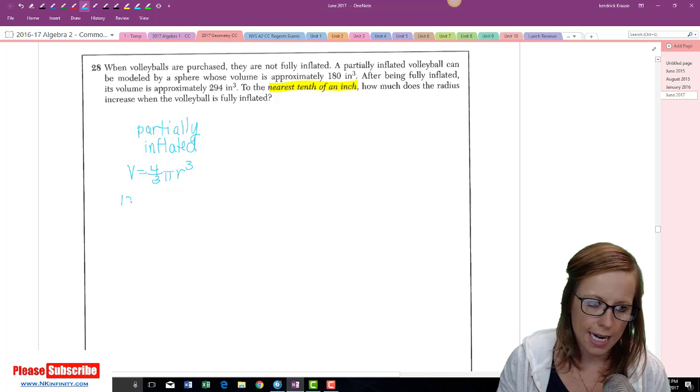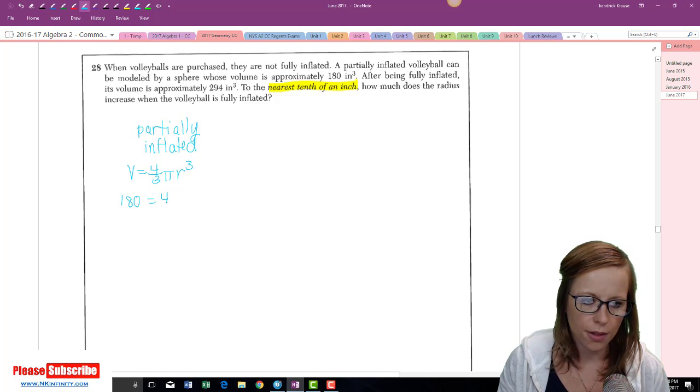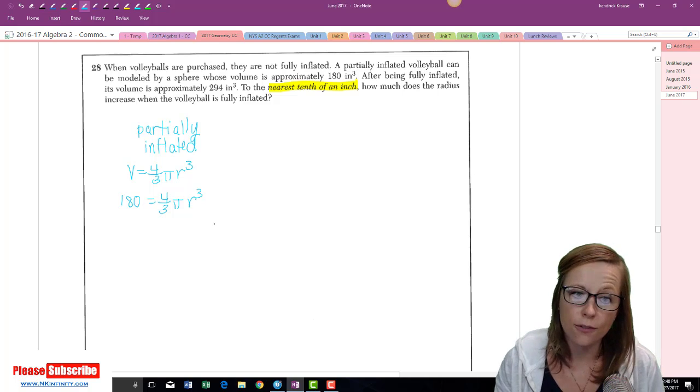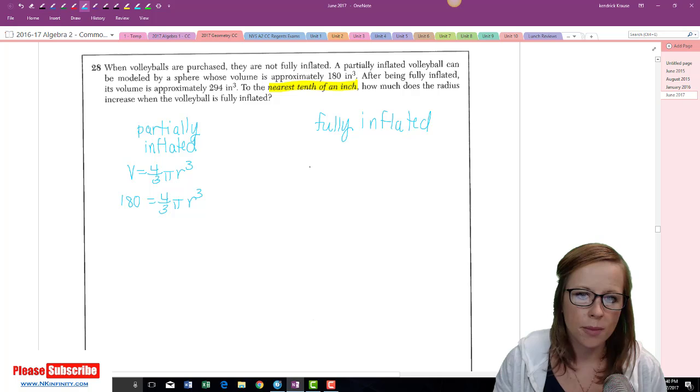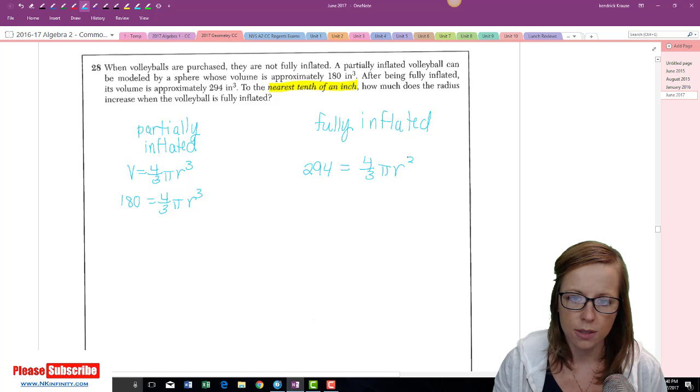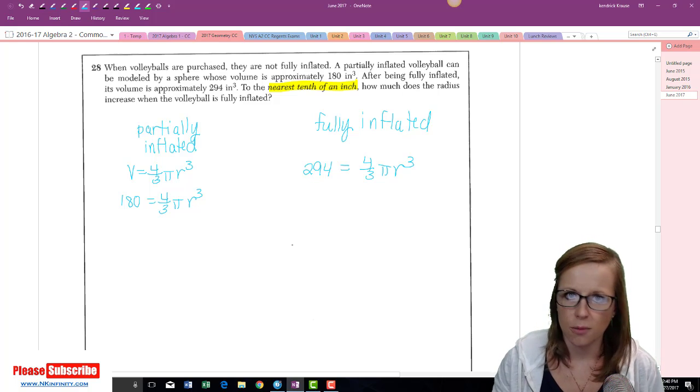So 180 is equal to 4/3 pi r cubed, and we're looking for the radius. And then the fully inflated, same formula, 294 is equal to 4/3 pi r cubed. We're still looking for r, and then we're comparing them.